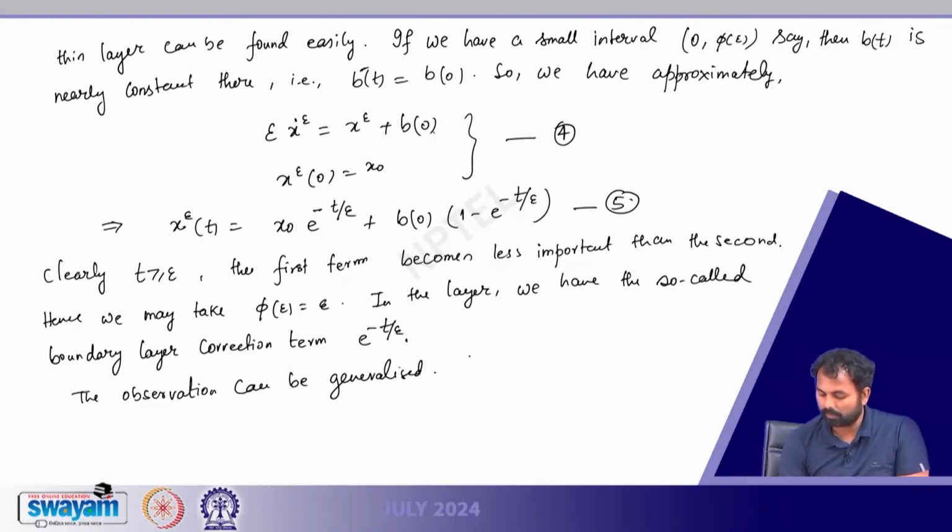and we can write an equation of the type epsilon times x epsilon dot equals f of x epsilon. The right hand side is a function of x epsilon, where 0 is less than epsilon less than or equal to 1, and x epsilon at 0 equals x0.